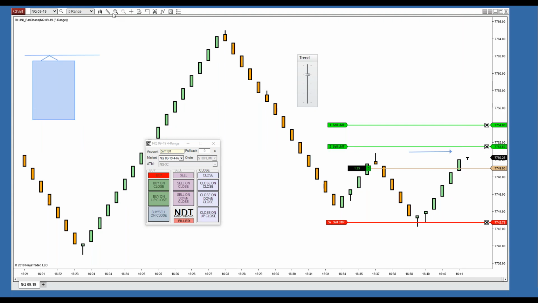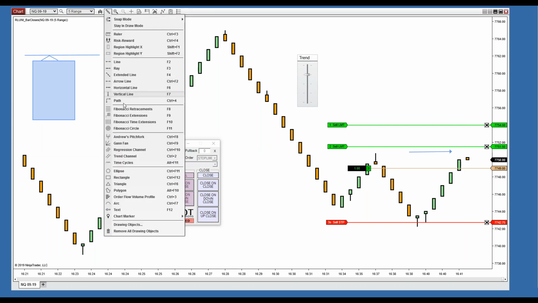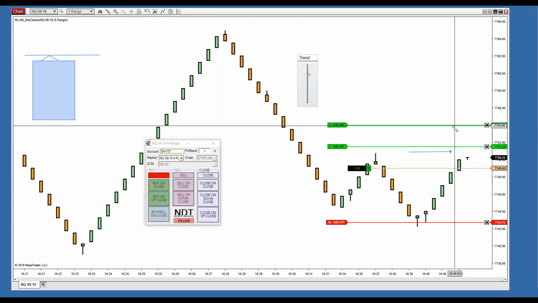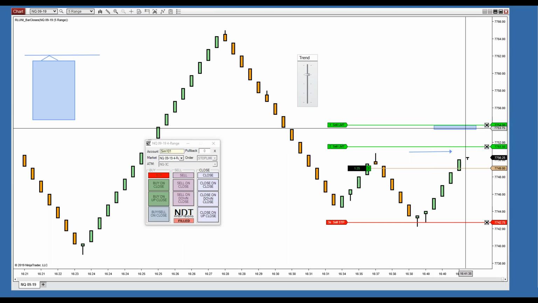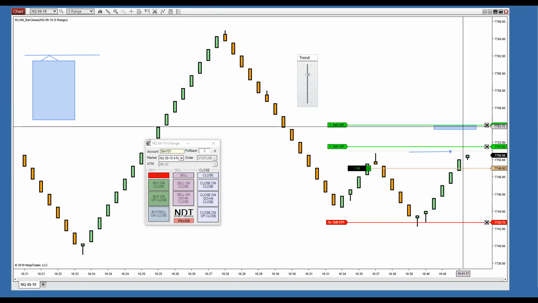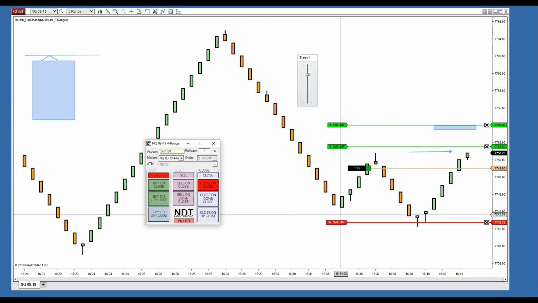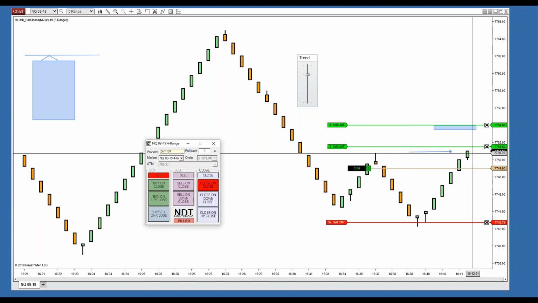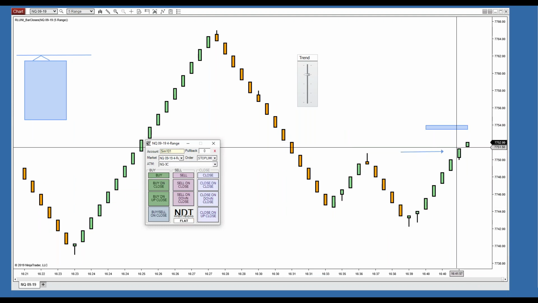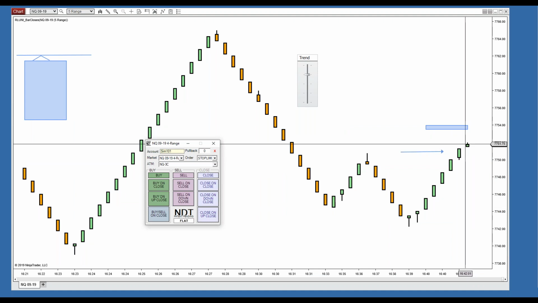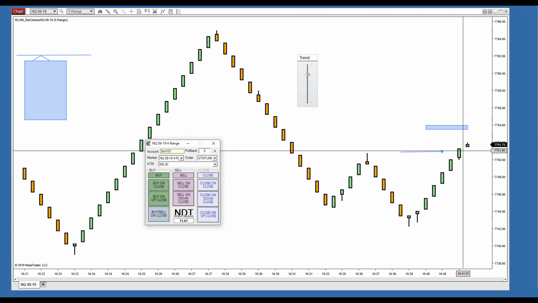Because remember, an area of resistance isn't just a discrete area. A pivot has a zone. So you're going to want to take your profit before it gets there. As it approaches it, you just hit close on close. If it happens to bounce prematurely, you're out to the downside. And if it actually makes it, it would have closed automatically. So you're actually taking profit and closing the trade.